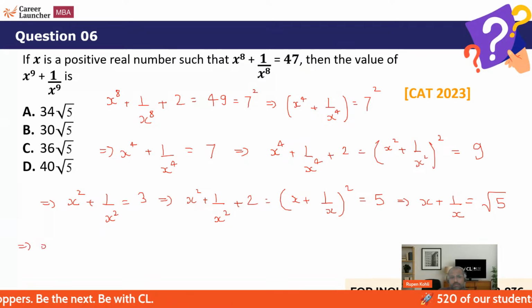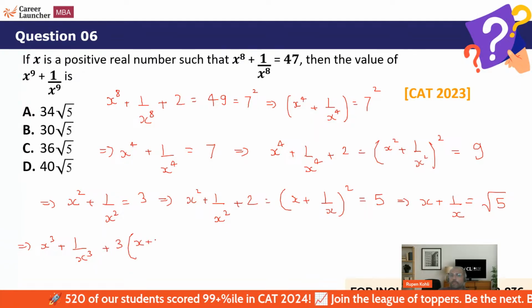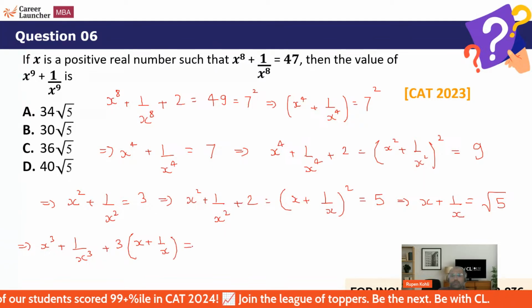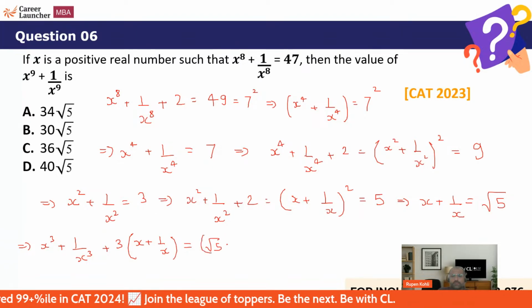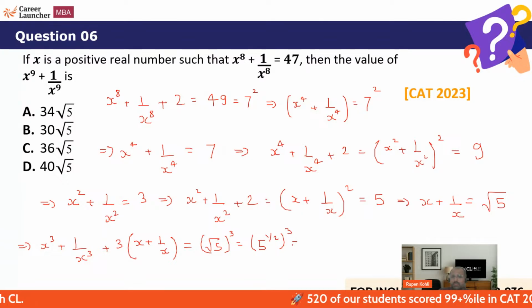Quickly doing this, the cube of x plus 1 by x is x cube plus 1 by x cube plus 3 into x plus 1 by x once again, equals the cube of root 5. Cube of root 5 means 5 power half, whole power 3, because that is the meaning of square root of 5, 5 power half. So this is basically 5 power 3 by 2.